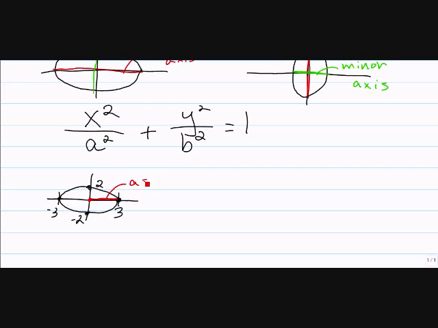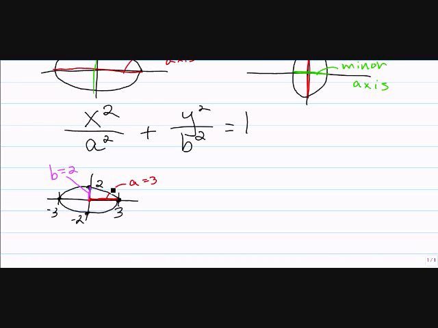So that has an A of length 3. The B is the length from the center to the vertical vertex here. So this one has a B of 2.